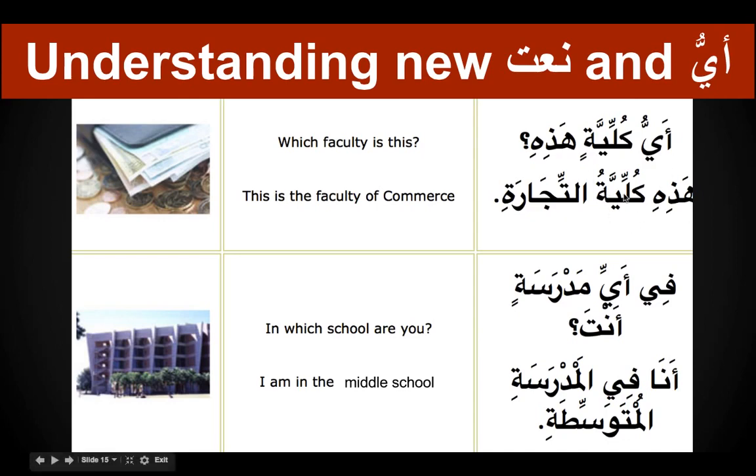So كلية, and here كلية has one vowel sign because it is turning itself into a مضاف and we have مضاف إليه. في أي مدرسة أنت, in which school are you? أنا في المدرسة المتوسطة, I am in middle school. المتوسطة is coming as a نعت for المدرسة.